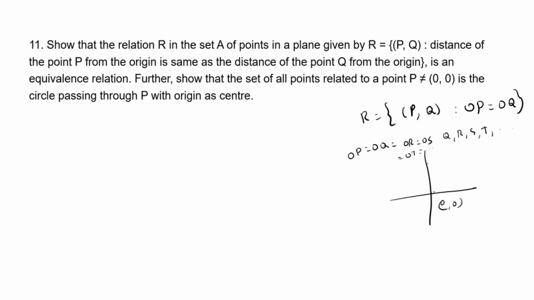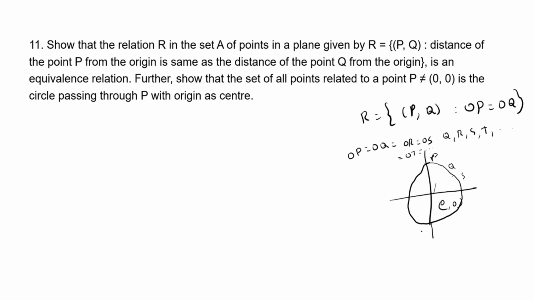Here if we have P here, and Q here, then OP equal to OQ. We have R here, S here, then OP equal to OS, T here. If we consider all these points, then the locus of all these points will form a circle.